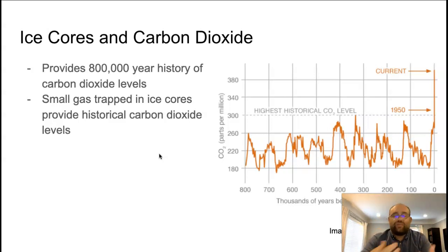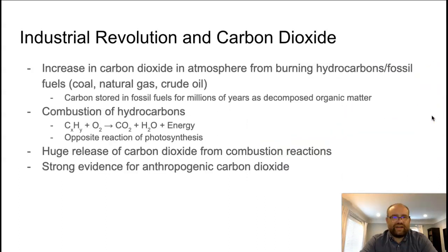Then we can thaw out these ice cores and analyze what types of gases were present. As we can see, yes, there were some peaks and valleys, but the highest historical level is still significantly lower than the levels that we're seeing today.